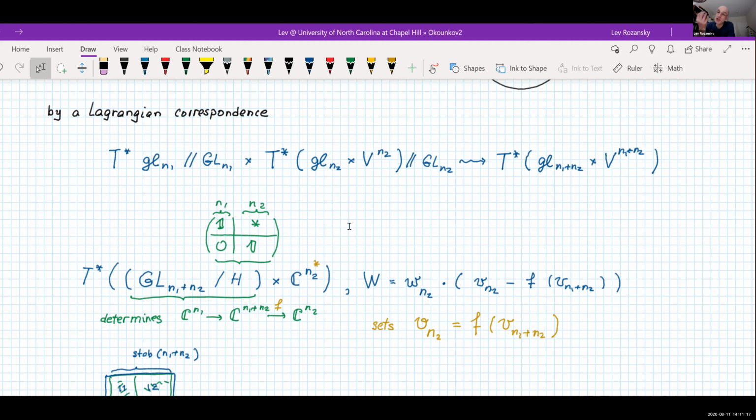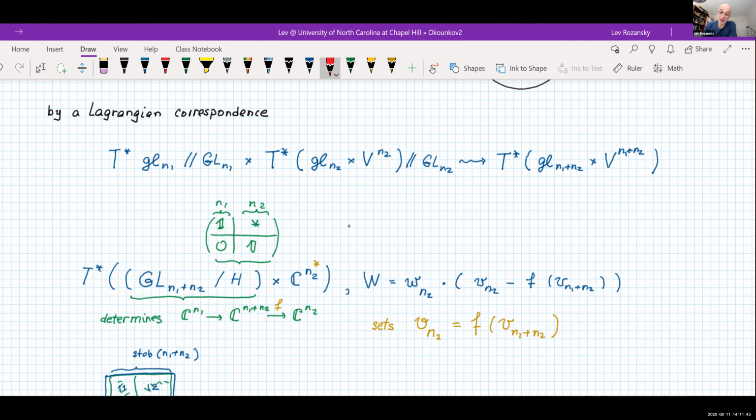So it matters on which side you insert the ordinary braid, the side matters here. So this extra C^N2 is required to write this condition as a superpotential. But the condition again is just saying that the framings agree.